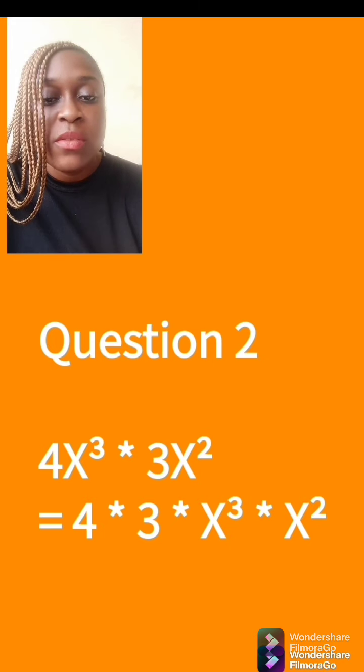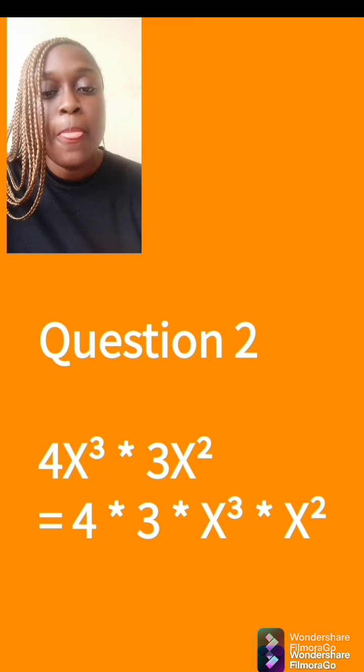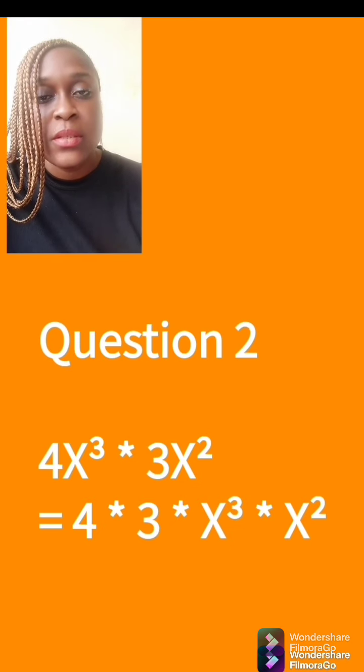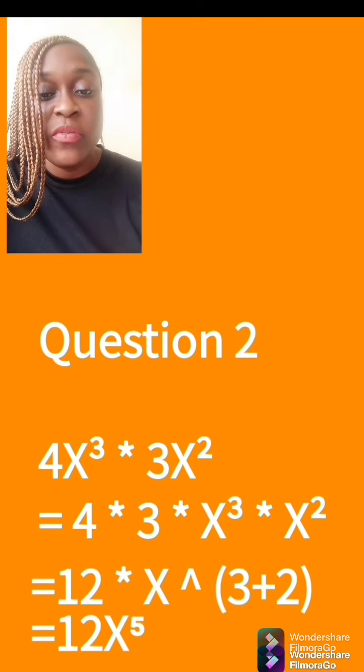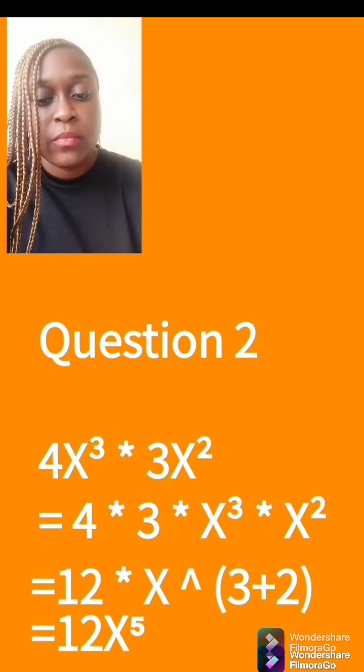So we'll have 4 times 3 times x cubed times x squared. We treat the functions of x differently. So we'll have 4 times 3 times x, bracket, in the powers 3 plus 2, which is equal to 5. That gives us 4 times 3, 12, times x raised to power 5. So our final answer is 12x raised to power 5.